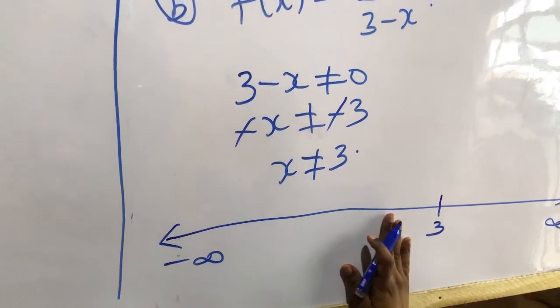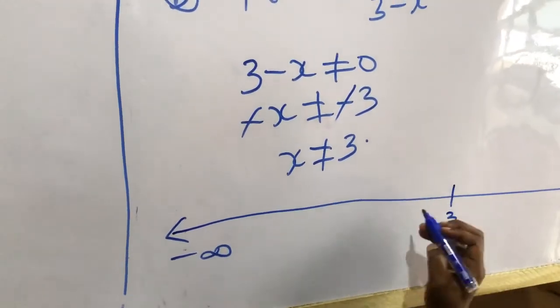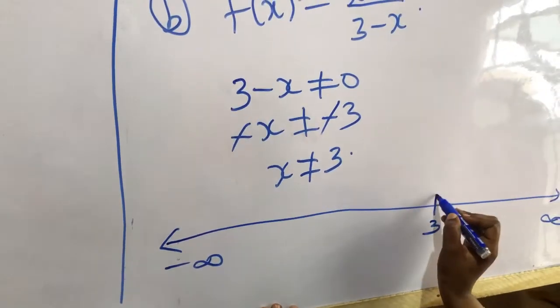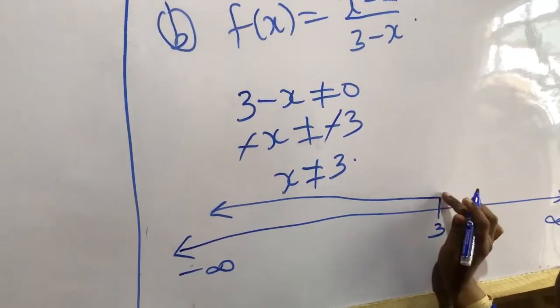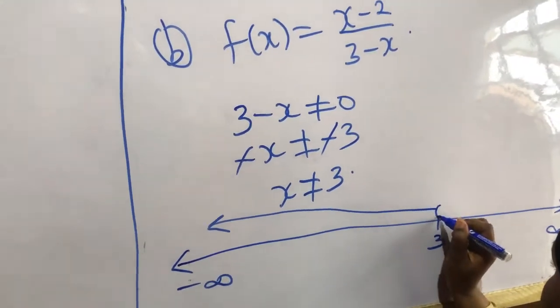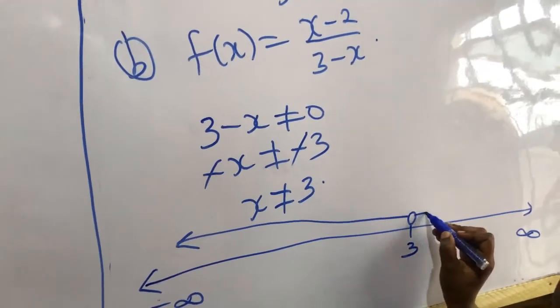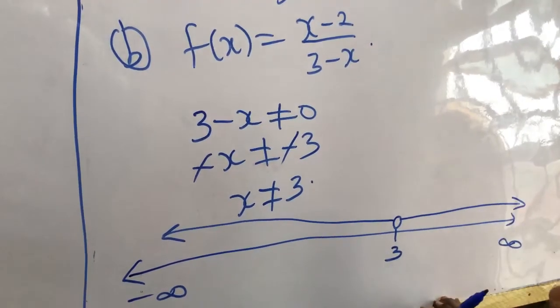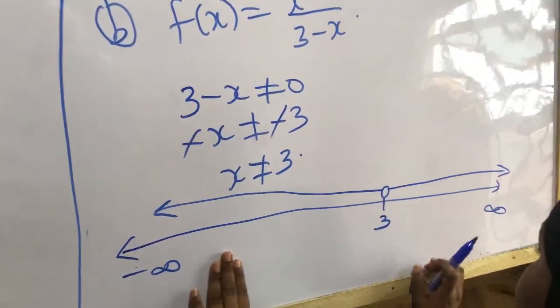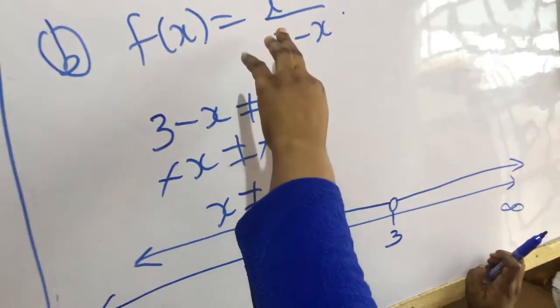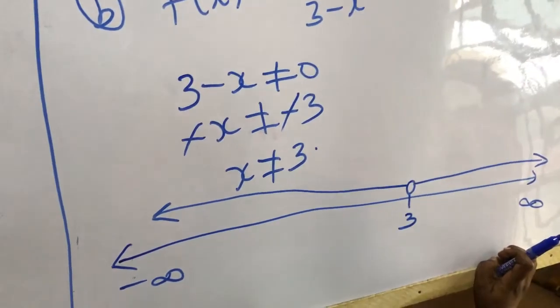We now want to represent it. You go like this, then you put an open circle here, then it goes like this. It means that all other numbers except 3 can be plugged into the function for it to be defined.